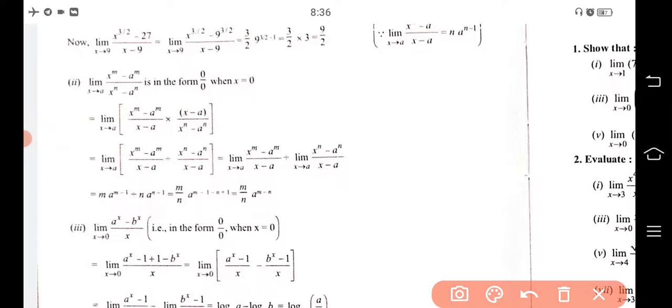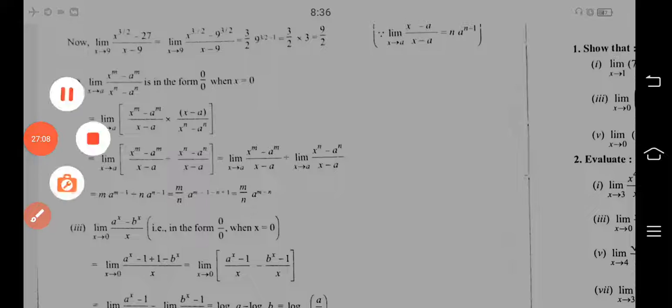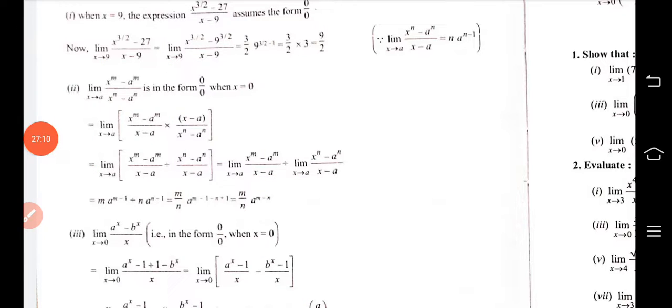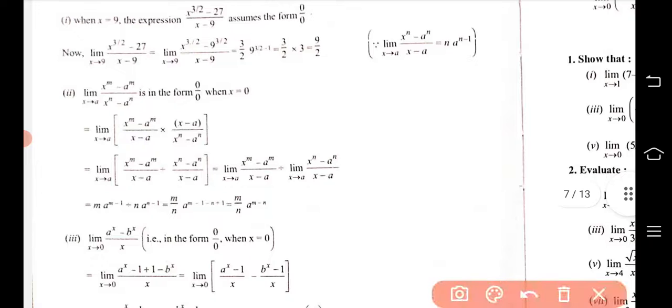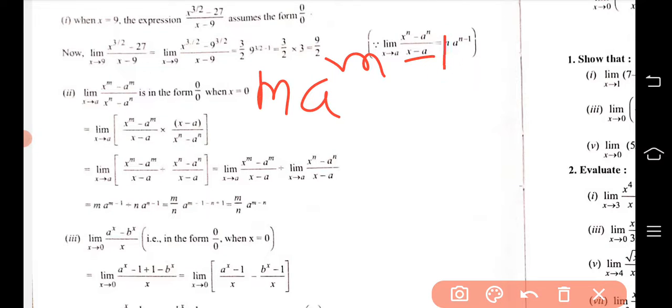As you know, according to your exponent rule, we can express this clearly as m a to the power m minus 1, which is divided by n a to the power n minus 1. Clear?